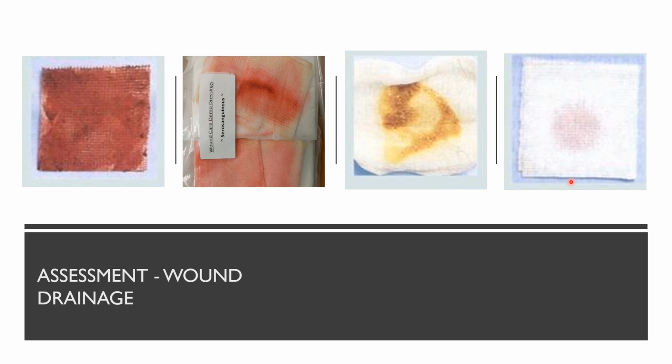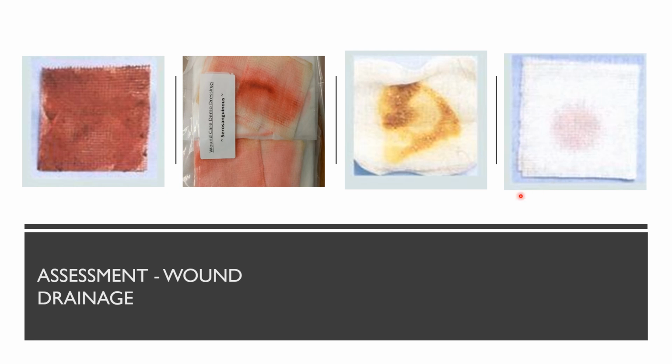Next is the amount of the drainage. If you don't see anything on your dressing, it is considered a dry wound and there's no drainage. Second is scant. If the wound is moist but the drainage is not measurable, then it is called scant drainage. The third is small. As you see in this picture, there's a small area. So if the area is less than 25% of the dressing, it is considered small.